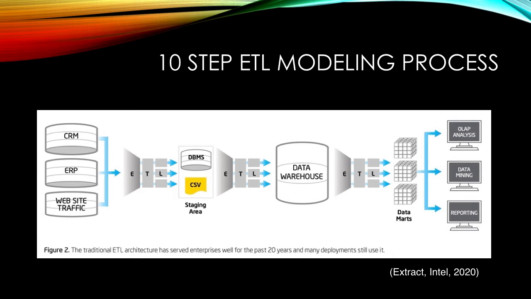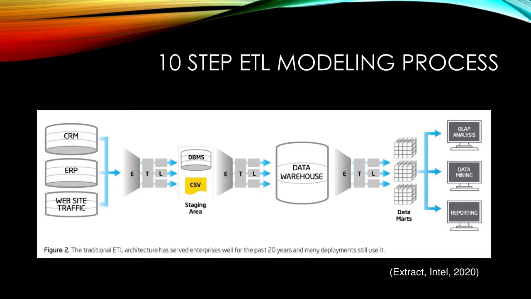Going back to the actual ETL process, this figure here, this has been around for a long time and it works really well to actually go through multiple stages to make sure that information is how you want it. So starting on the left, you have the legacy information, the old systems where you need to extract all that information. From there you need to transform it and then you load it into the staging area.